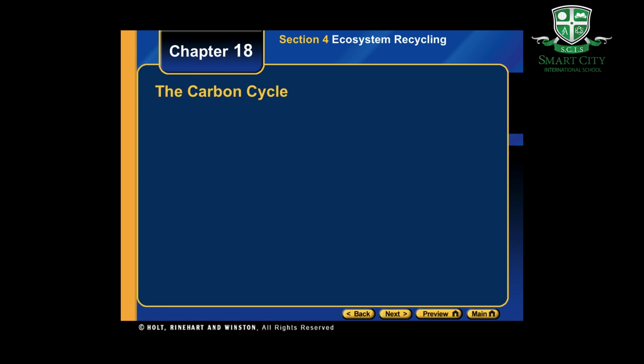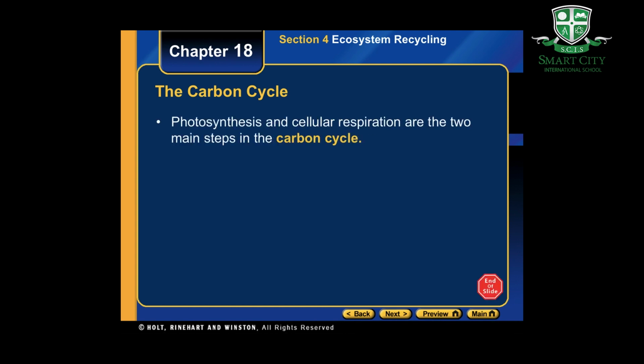After this, we have the carbon cycle. The carbon cycle is the cycle of the passing of carbon from living organisms to the atmosphere and vice versa. Let's see how the carbon cycle starts.